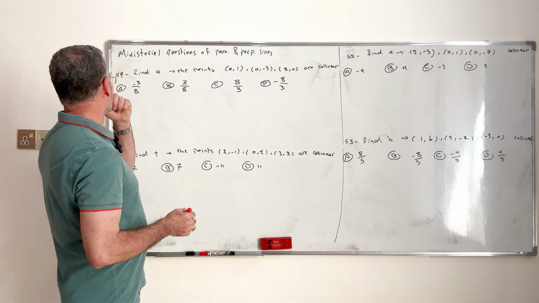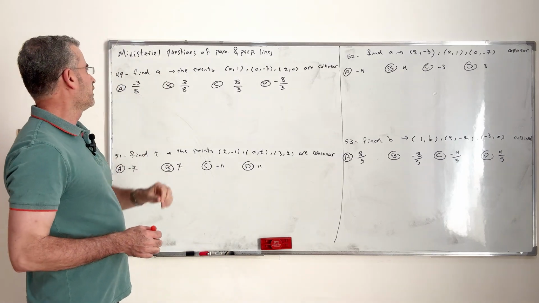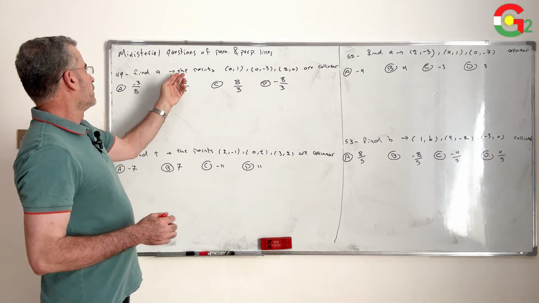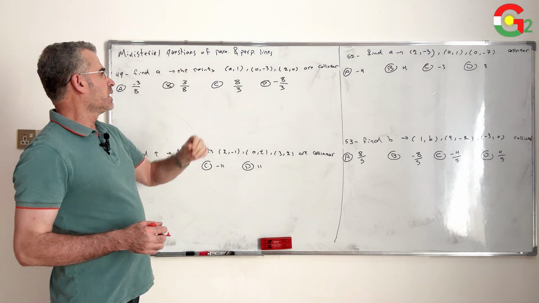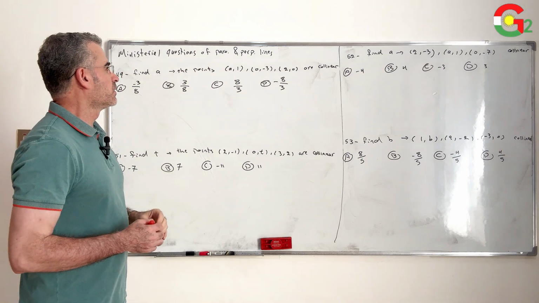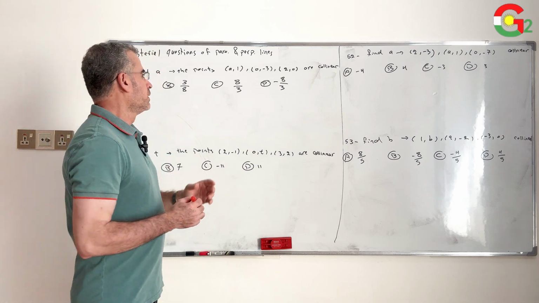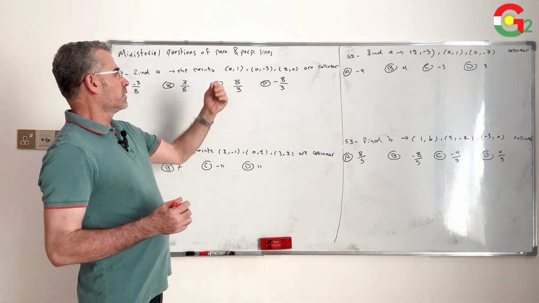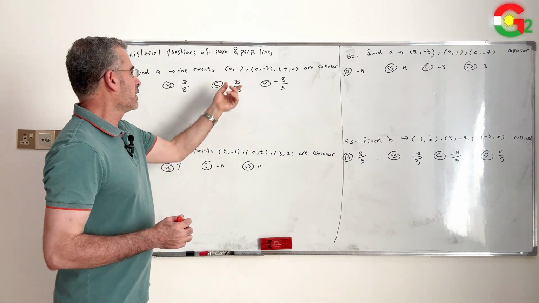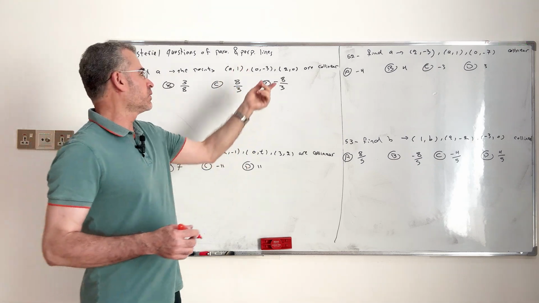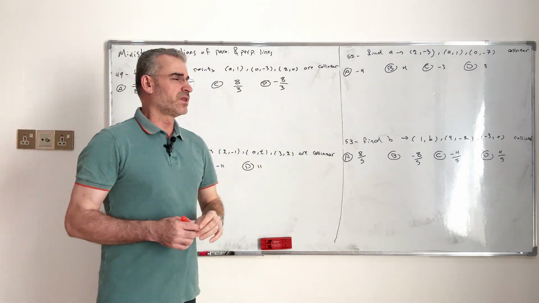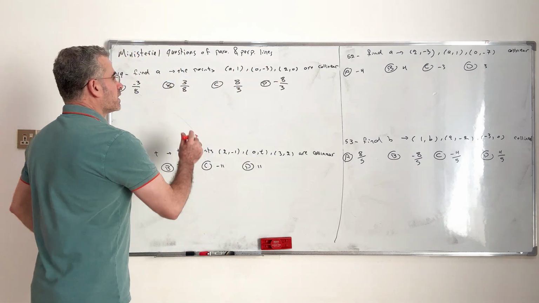Question number 49. Find the value of a such that the points (a, 1), (0, -3), (2, 0) are collinear. Since the points are collinear, the slope of the first 2 points equals the slope of the last 2 points.